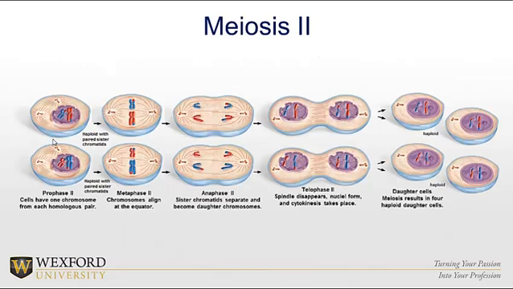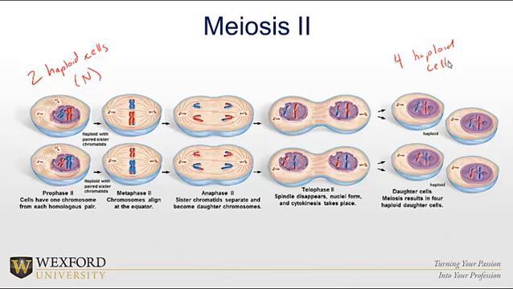We started with 2 haploid cells over here on the left, right? And now over here we have 4 haploid cells. So once again, this looks very much like mitosis.